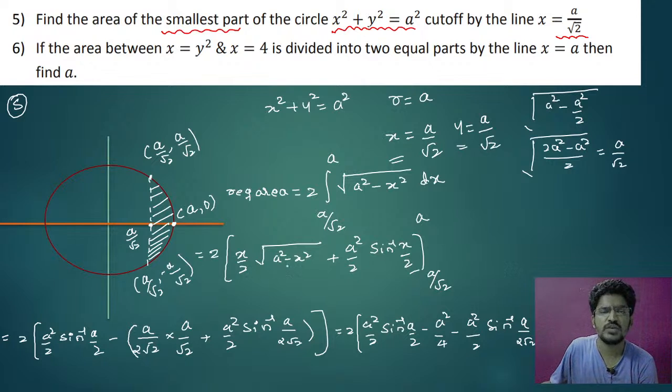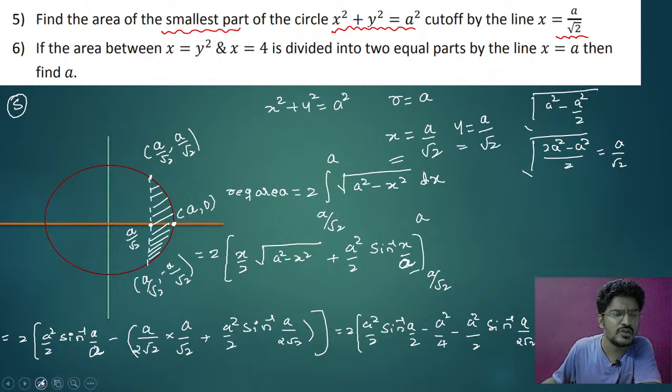So here x by 2 root of a square minus x square plus a square by 2 sine inverse of x by a. You are going to get here x by a. That means here also you can just check. This term is going to be 0 for upper limit. If you put the upper limit here, sine inverse of a by a is sine inverse of 1, and sine inverse of 1 is pi by 2.